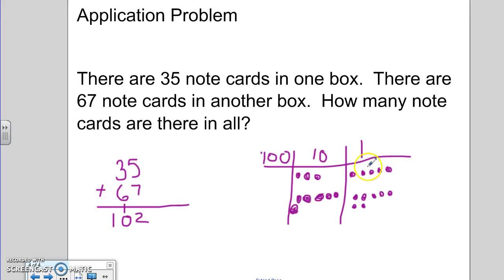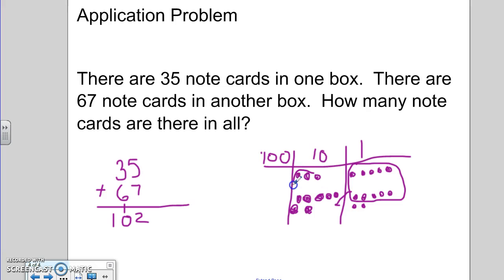So now I'm going to start at my ones and I'm going to decide if I need to compose. Here's 5 here and here's 5 here, so I know automatically that is a group of 10. Compose it over to my tens digit. So I have 5, 6, 7, 8, 9, 10.